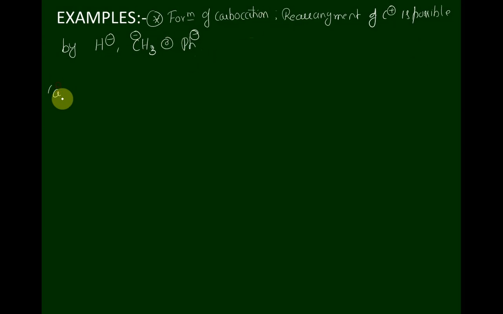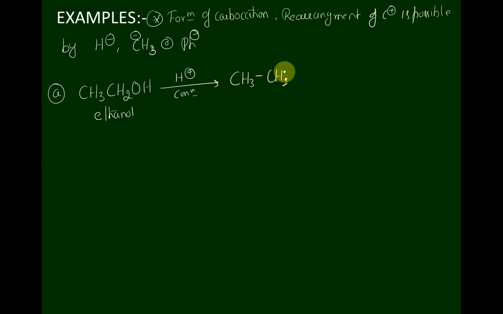For example, the first one I will take is CH3CH2OH, ethanol, treated with concentrated sulfuric acid. The H+ ion attacks, and we get CH3-CH2+. If this positive charge comes here, it is a primary carbon atom, or if it moves here also, it is a primary carbon atom.